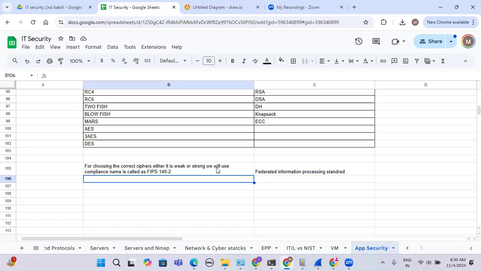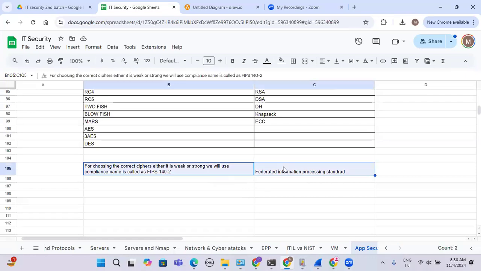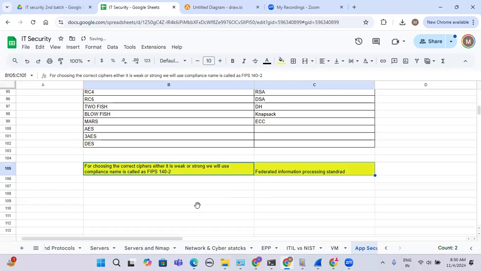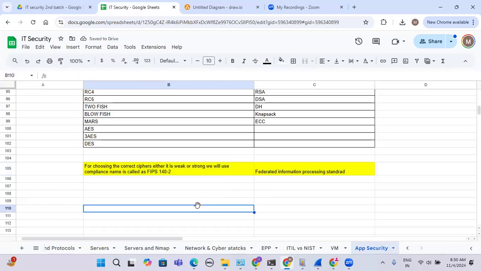This is a part of our GRC compliance, like PCI DSS or HIPAA compliance or CIS auditing benchmark or OWASP Top 10. This is also one of the compliances we have to follow, especially to identify or validate the ciphers information whenever we are purchasing a certificate on the application side.